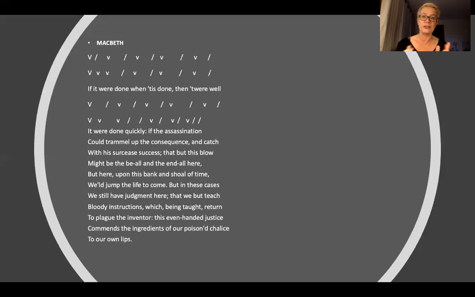So any actor, the first thing you have to do is to work out, okay, so what is Macbeth actually saying here? Now, any actor worth their salt, any student worth their salt will basically work out, without looking at No Fear Shakespeare, that he's saying, okay, well, if the murder was over and done with when I do it, then that would be great, because then we wouldn't have to worry. And nobody, frankly, would ever worry about hell, but we'd just forget all about it.